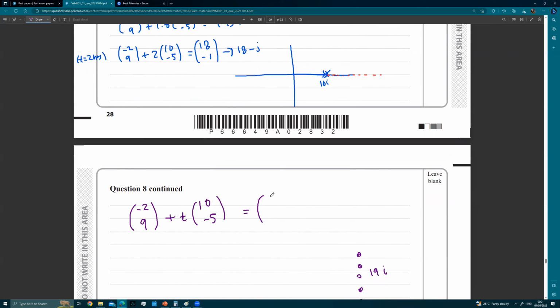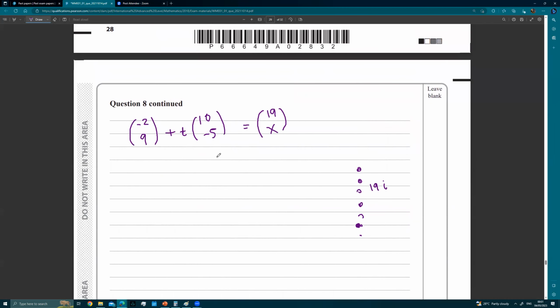So the ship must have an I component of 19. But I don't know the J component. Here's the lighthouse and here's the ship. Although the ship is directly south of the lighthouse and has an I component of 19i, I'm not sure what the J value is. That's what I'm going to try to work out, so I'm going to put some value X for the J. Now I'm going to solve this.